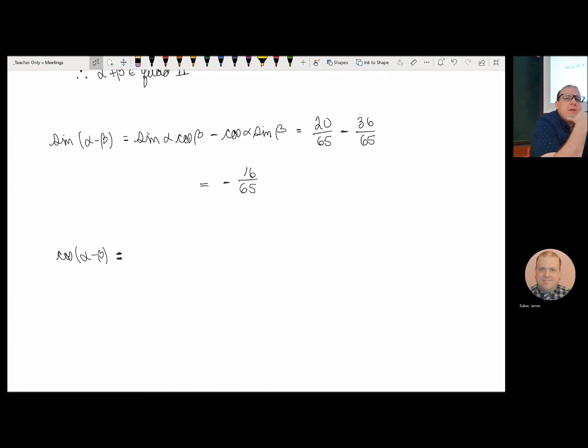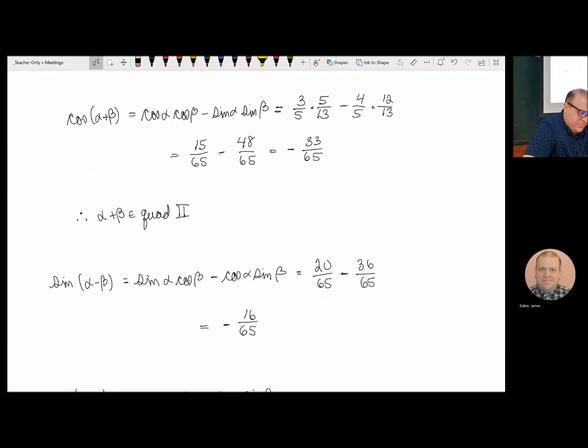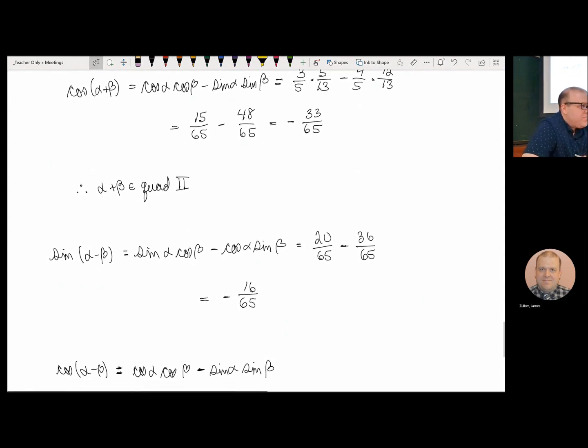The identity for cosine alpha minus beta: cosine cosine minus sine sine. Notice what you just said.